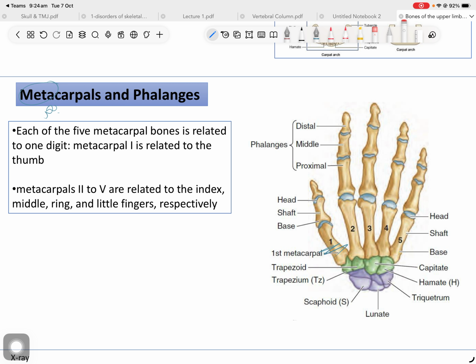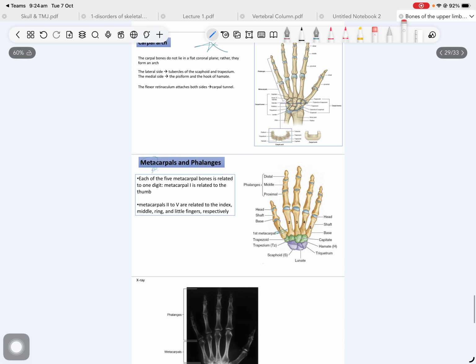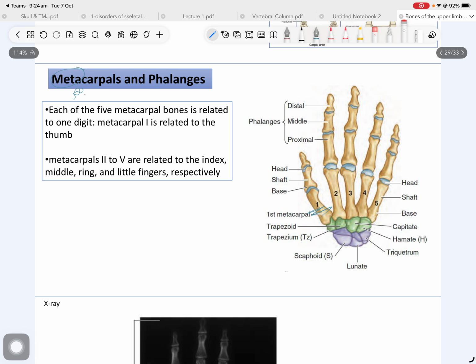We said they are five in number. Finally, the phalanges here. We said for the medial four digits, I have three phalanges in each digit, except for the thumb, where I have only two. We call these proximal, middle, distal, proximal, middle, distal. Here we call them proximal and distal. Each one of them has a head, a base and a shaft.